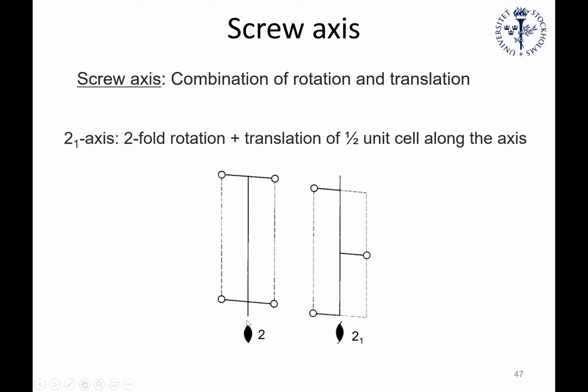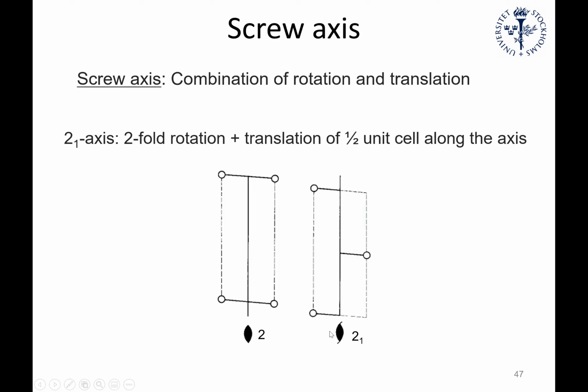So this is oval. Let's say this is just a normal twofold rotation axis. So if I have a position here, if you rotate along this rotation axis, then your equivalent point is here. And this is just one unit cell up along that same axis. Now, if you were to have a 2-1 screw axis, this is the symbol for it. It looks more like a propeller.